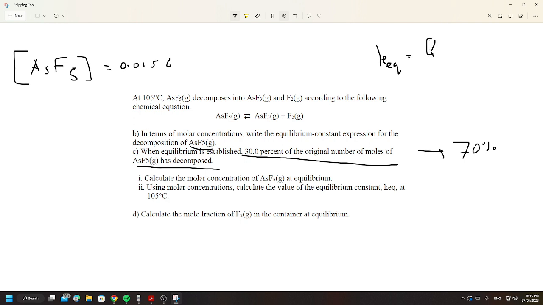So concentration of ASF3 times the concentration of F2, over the concentration of ASF5. Right. Okay. Just give me a sec.